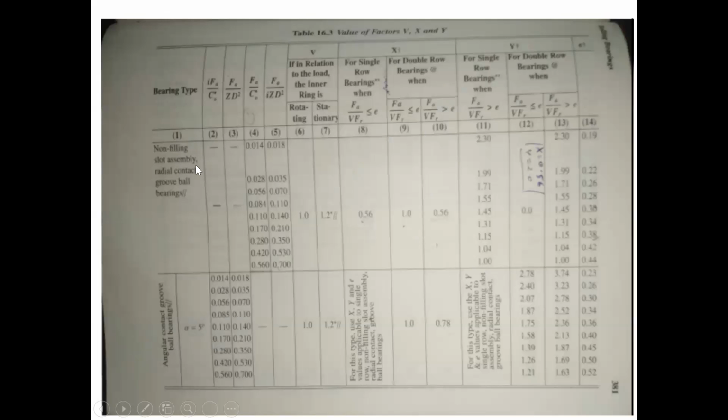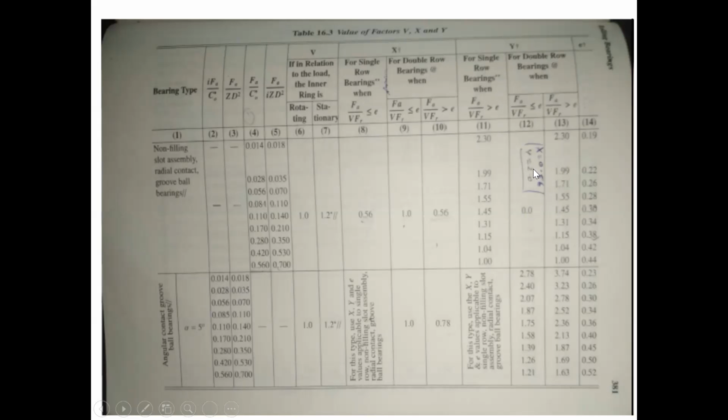The first bearing is the non-filling slot assembly radial contact groove ball bearing. So this data is for the deep groove ball bearing. In the deep groove ball bearing, this X is for single row bearing and this for double row bearing. Similarly, the Y is given for single row bearing and this Y is given for double row bearing.